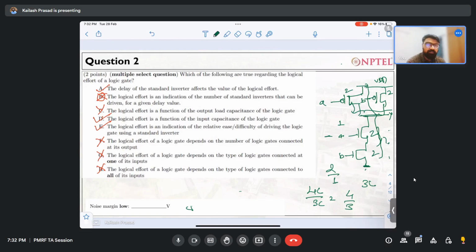Okay, yeah, that's the correct answer. So if your logical effort is less, the delay will be less. In the case of NAND gate, G was 4 by 3. In the case of NOR gate, G was 5 by 3. So that's a straight away answer.